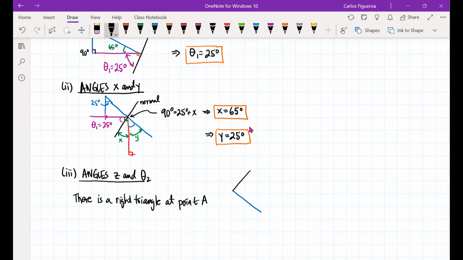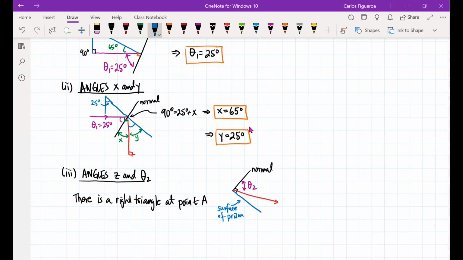This angle here, by definition, has to be a right angle. Now, when I look at my ray that emerges, we define this angle right here as theta 2. Remember, this is the normal. And then this guy right here, this is the surface of the prism.